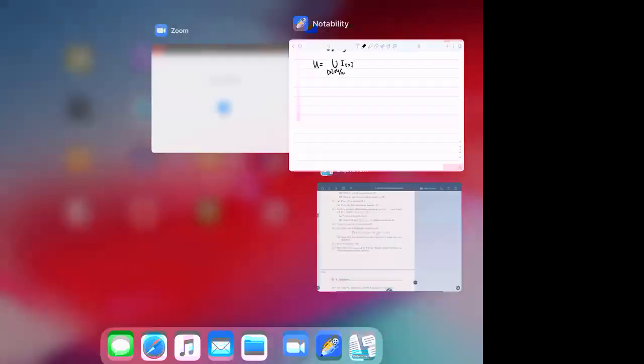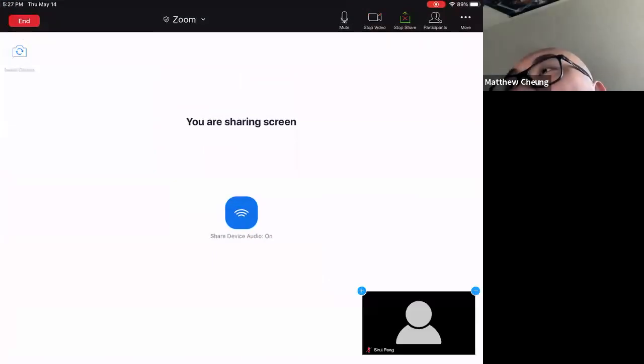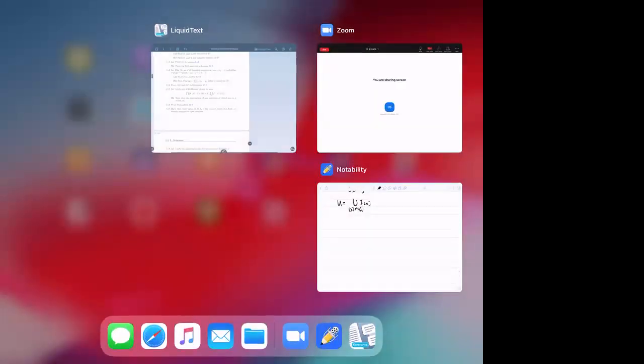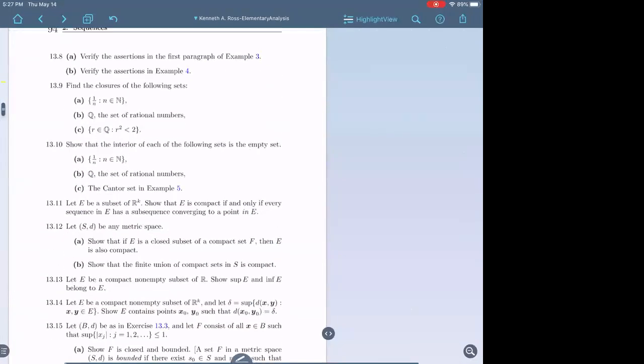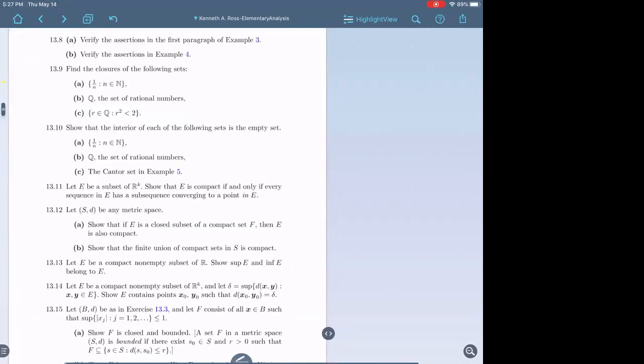But pretty cool, right? The open sets look very nice in R. Okay, so I'm going to do some compact stuff. Let's do 13.12. Let S be a metric space.